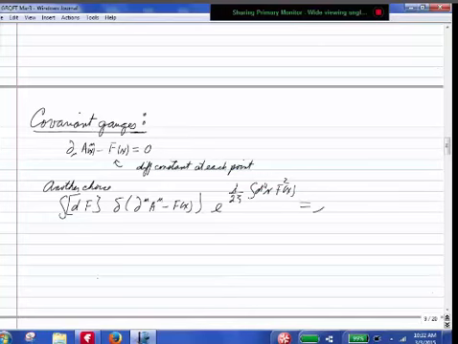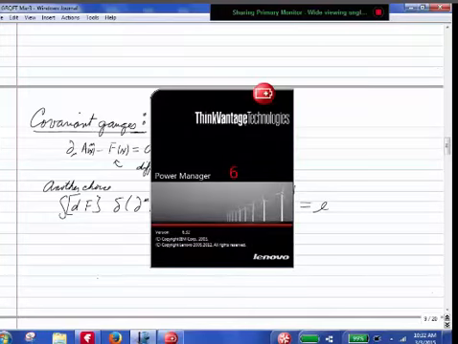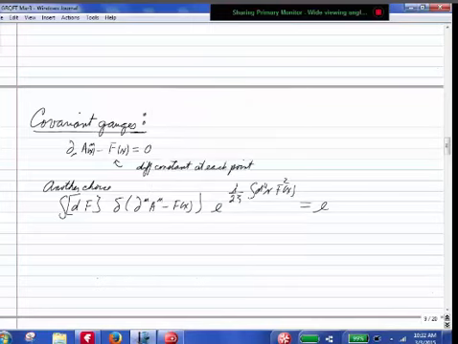And I'm going to integrate with some weight e to the i over 2 c integral d4x f of x squared.